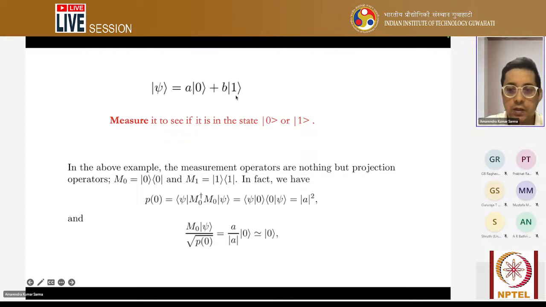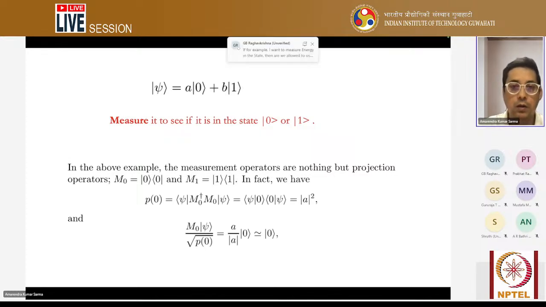So if you are attending this live session, maybe you now see what measurement operators mean. And yes, indeed, they correspond to some physical operations. For example, here |0> may refer to the vertical polarization state of a photon, and |1> may refer to the horizontal polarization state of the photon. Okay. So I hope I am able to answer your query here.